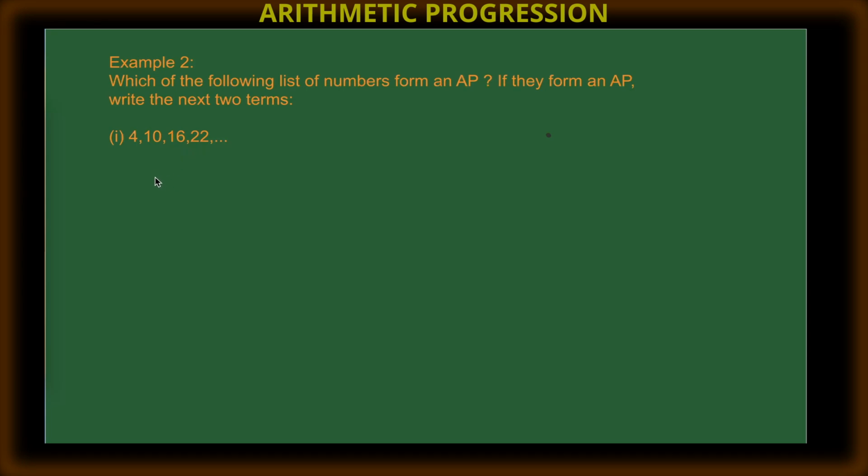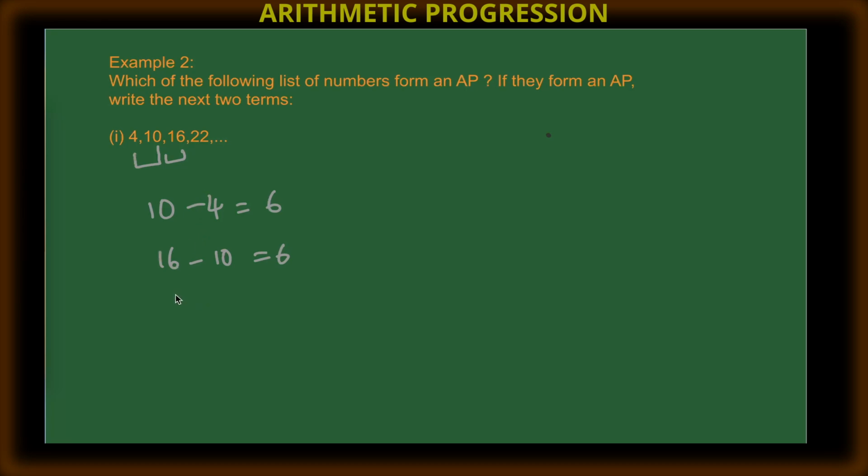So let's try to identify now. Okay, so we have 4, 10. 10 minus 4 is what? 6. Then let's take the next terms, 10 and 16. 16 minus 10, difference is 6.